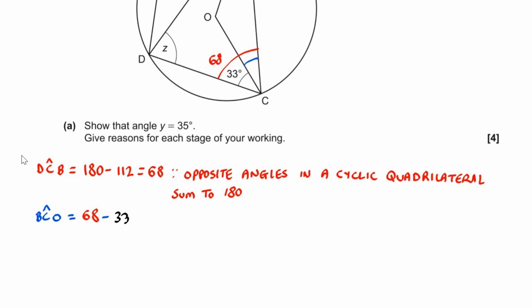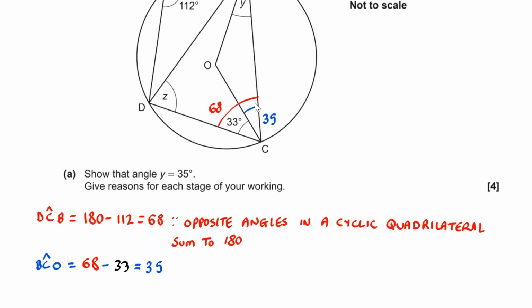So 68 take away 33, that's 35. So therefore here we have 35 degrees. And the reason for this, well, we don't need to give a reason, that's quite obvious, because the sum of the angles here is equal to 68.